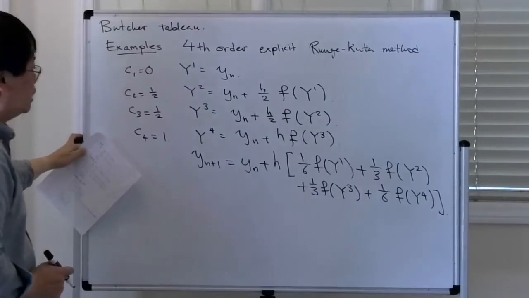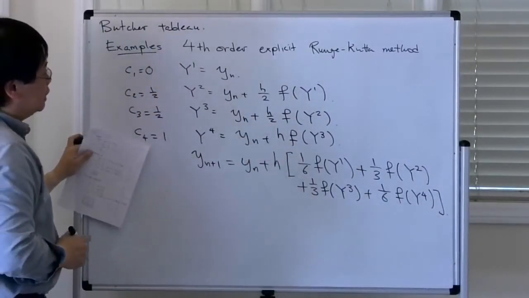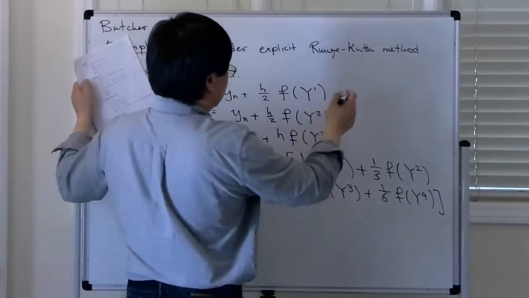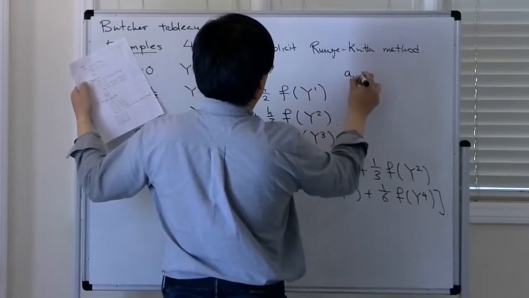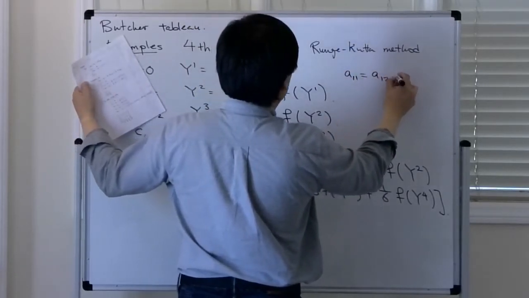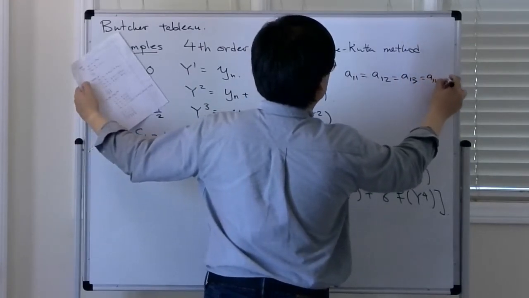And then from these you can start putting together the Aij coefficients. So you know here that a11 equals a12 equals a13 equals a14 equals 0.